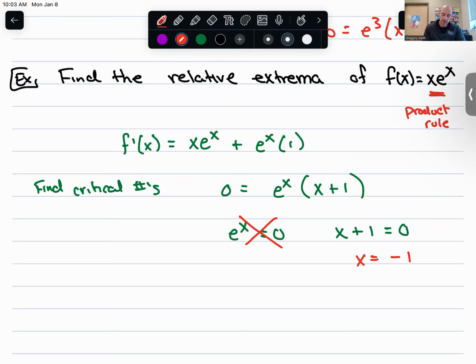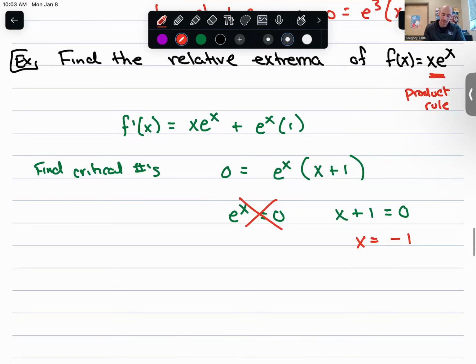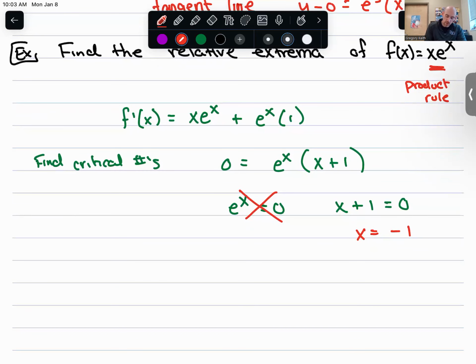Okay, so remember, when we get that critical number of x equals -1, now we make our table. We're going to do a table of negative infinity to -1 and -1 to infinity. All right, so when we go ahead and do that, we can set up a column for our f prime and a column for f of x.